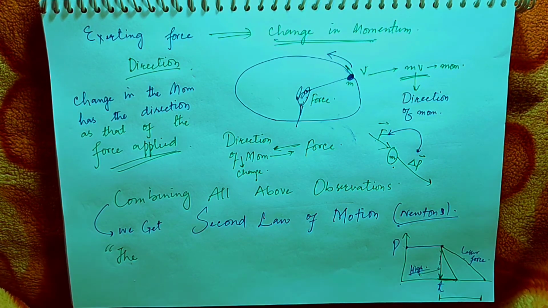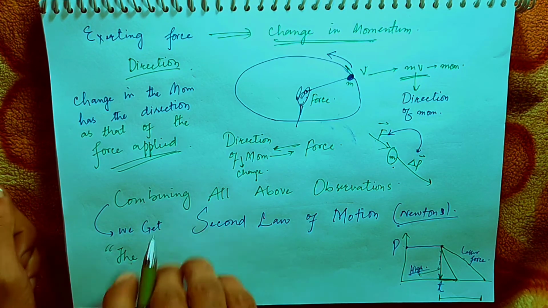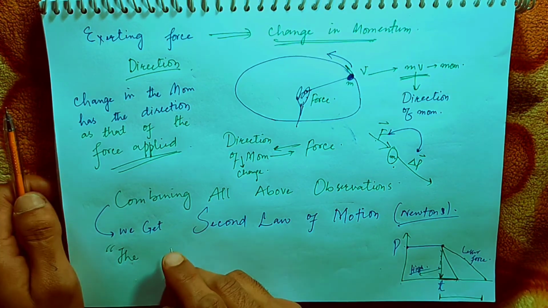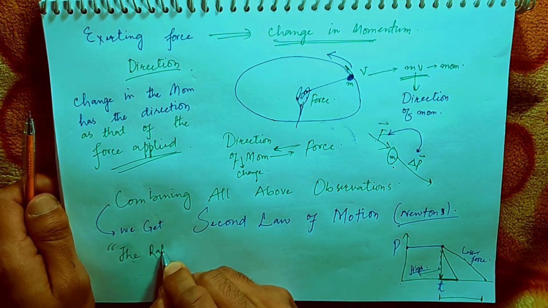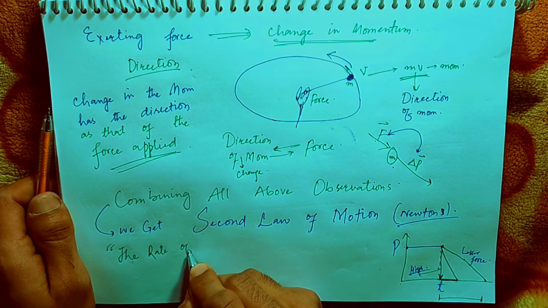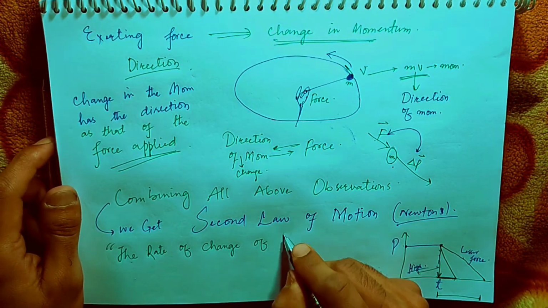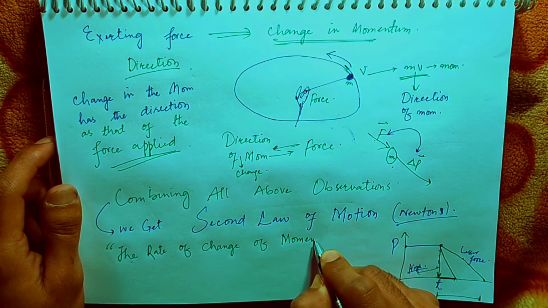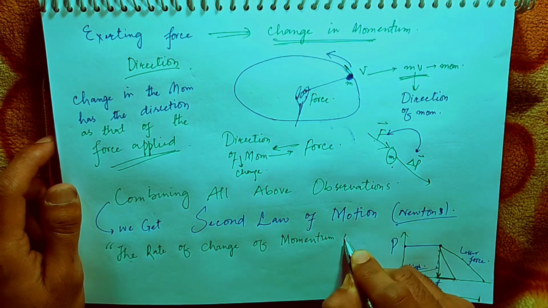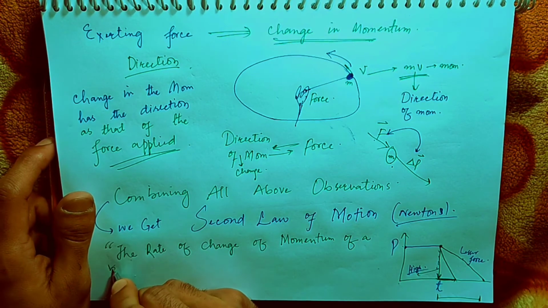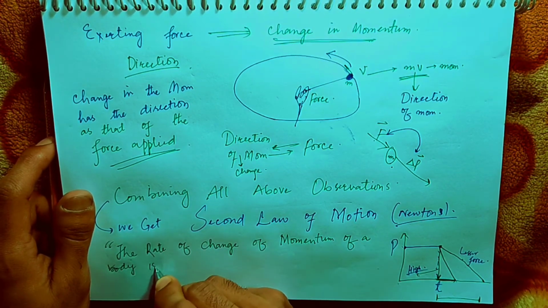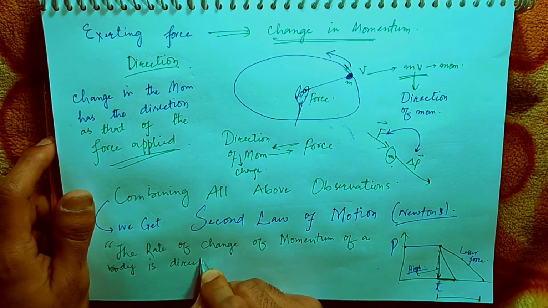Now the second law of motion says that the rate of change of momentum of a body is directly proportional.